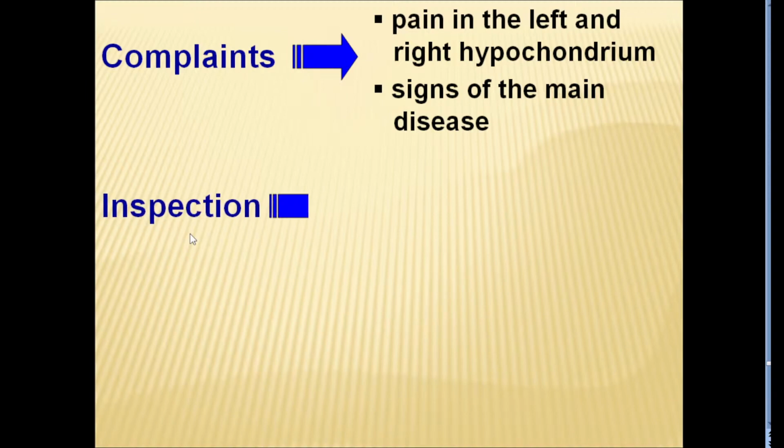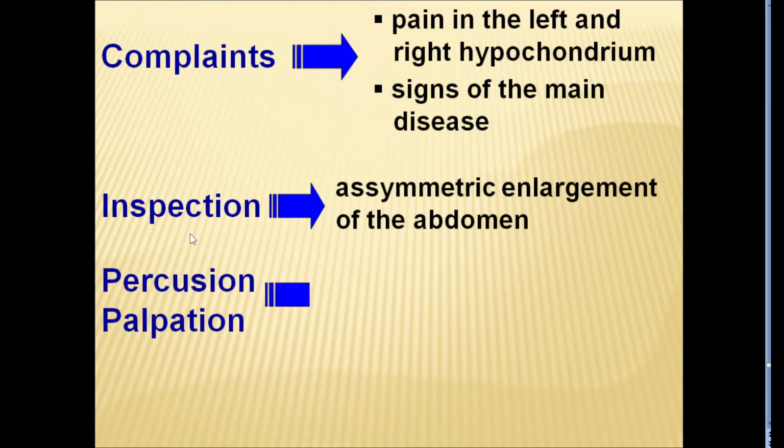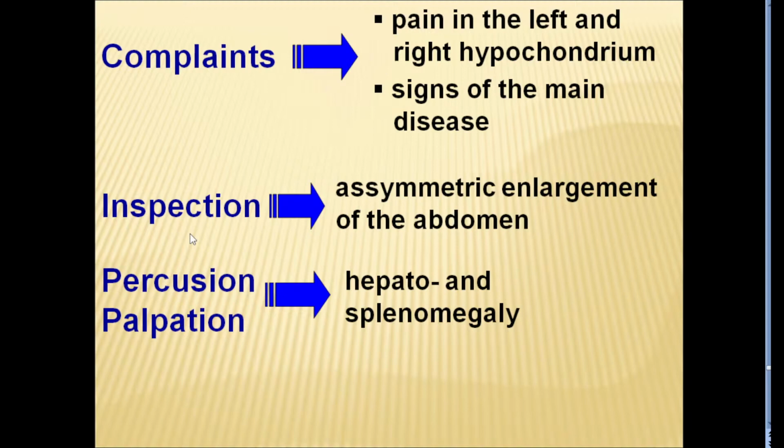On inspection, we can see asymmetric protrusion of abdomen, right and left hypochondria, but we must remember it depends on the attention of the doctor and the constitution and weight of the patient. It is more easily seen in a patient with asthenic constitution and decreased weight. And you understand the difficulty of revealing it in a patient with obesity and hypersthenic constitution. But we have clear pathology with percussion and palpation, which helps reveal size of the spleen and liver and reveal hepatomegaly and splenomegaly.